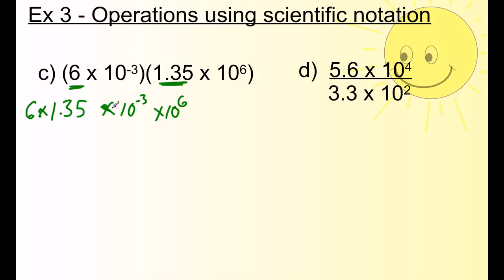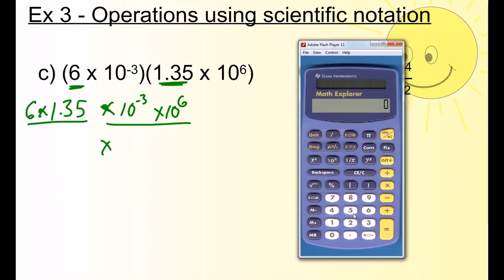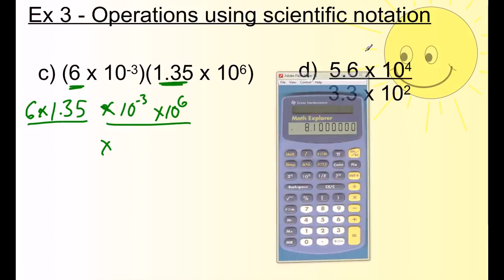I don't like using the x for multiply, but I guess it fits in this case with scientific notation. I'm going to multiply these guys and multiply them. So, 6 times 1.35 equals 8.1.